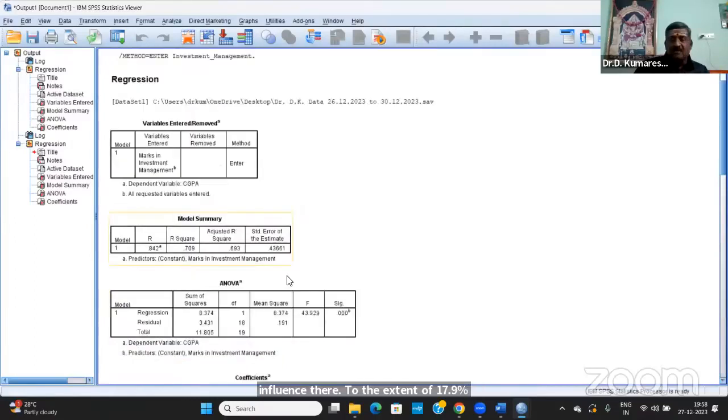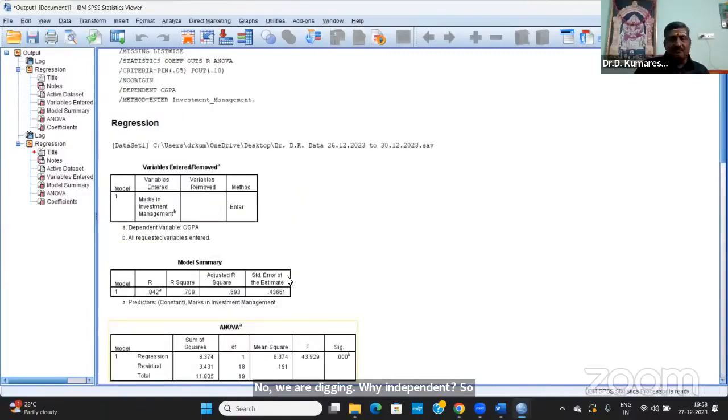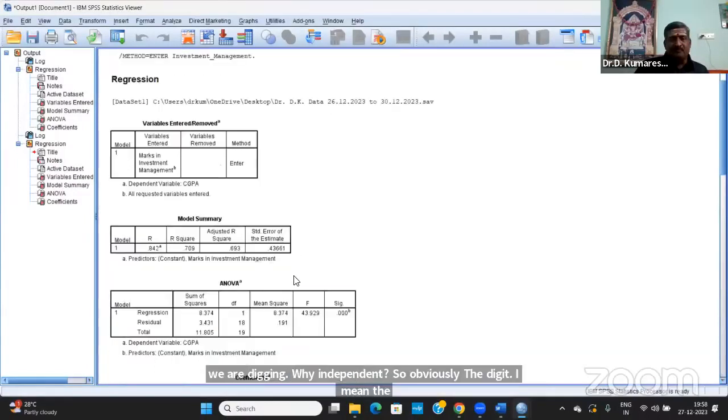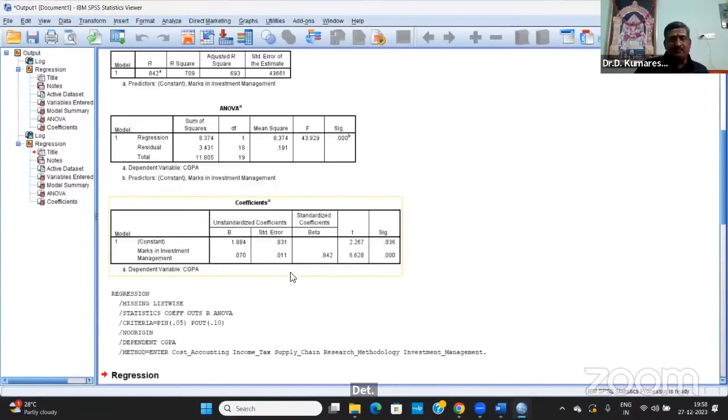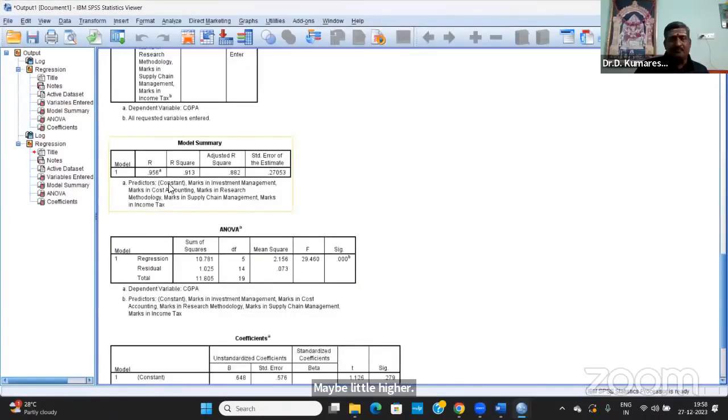Now we are taking 5 independent variables. So obviously the coefficient of determination may be a little higher. See here, it is 0.91.